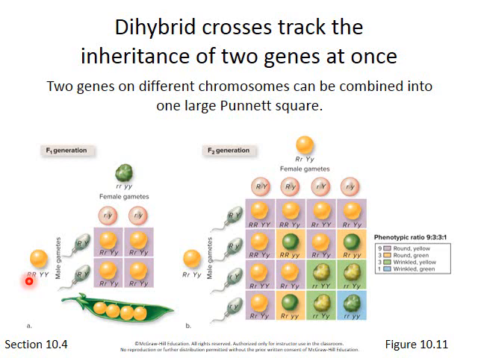So big R is round, little r is oval or misshapen. Big Y is yellow, little y is green.